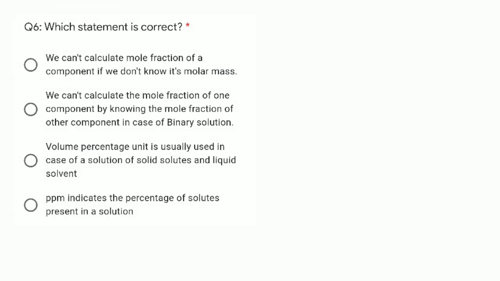Now coming to question number 6, which statement is the correct statement. The first statement is we can't calculate mole fraction of a component if we don't know its molar mass.